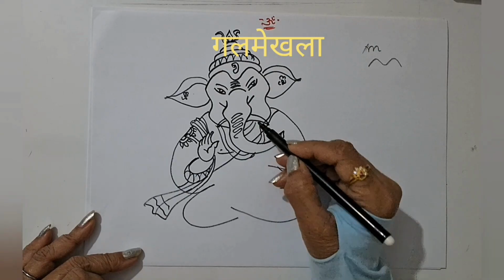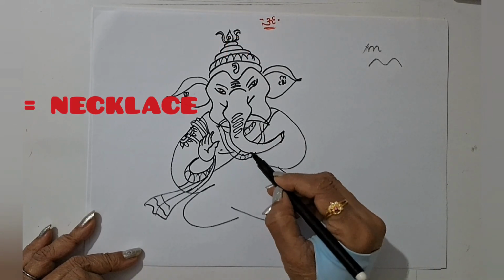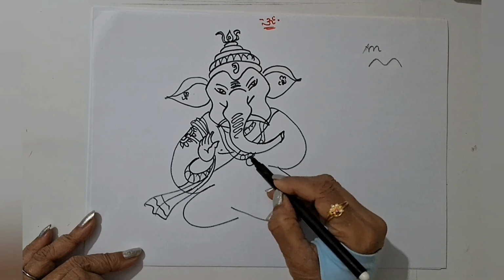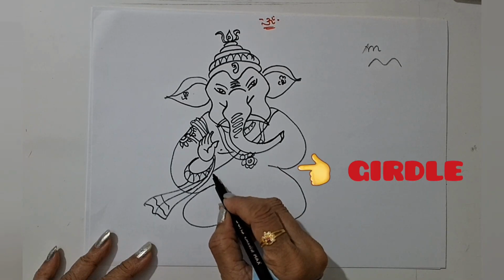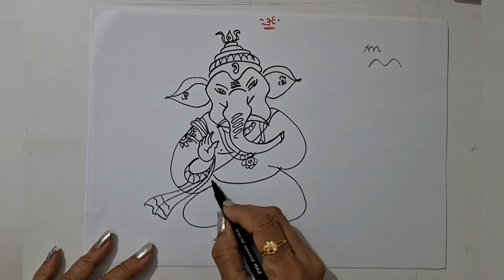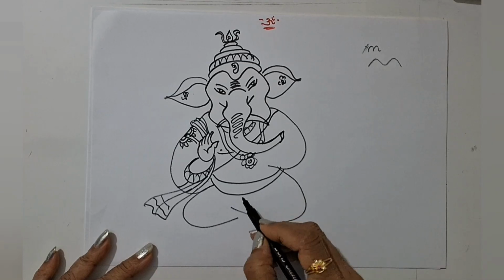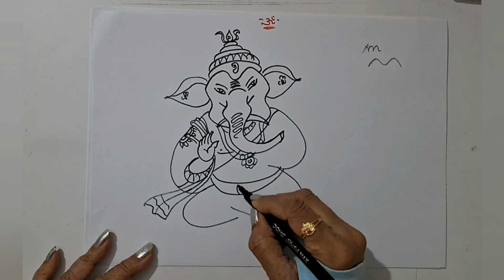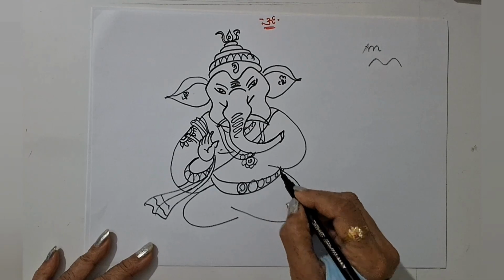Kantha means necklace. And a dollar maybe. The girdle here will decide everything. This will be small in front, to your front will be broader, going like this. Okay.